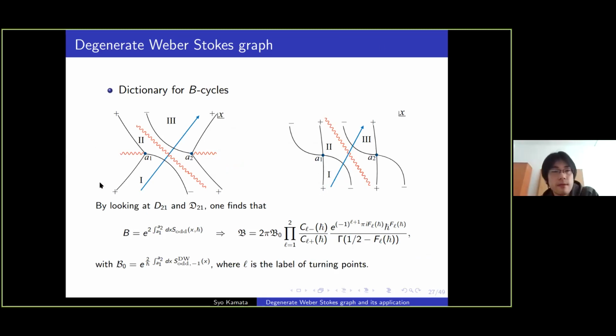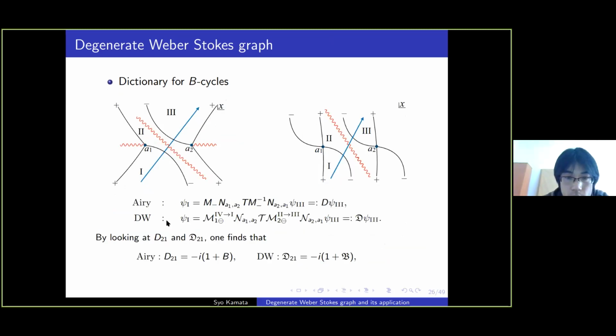The difference is that E0 is positive or 0. Now let us consider this orbit. By using the connection formula of the ARA type, we cross here and change the turning point, and cross here and change the turning point again. So we can get one over here.